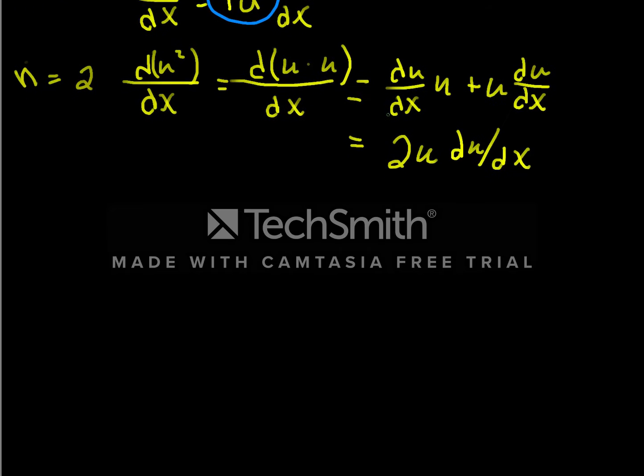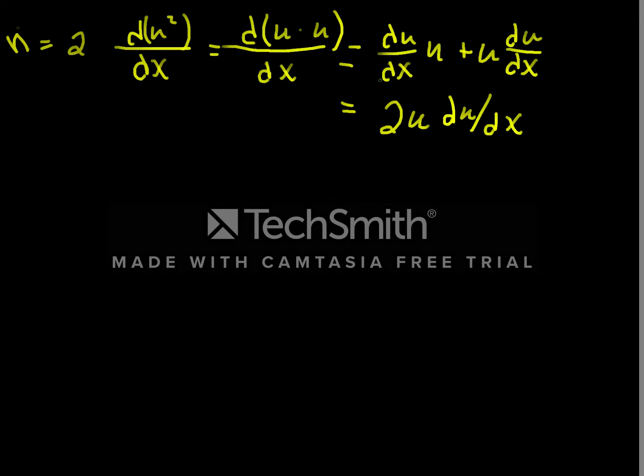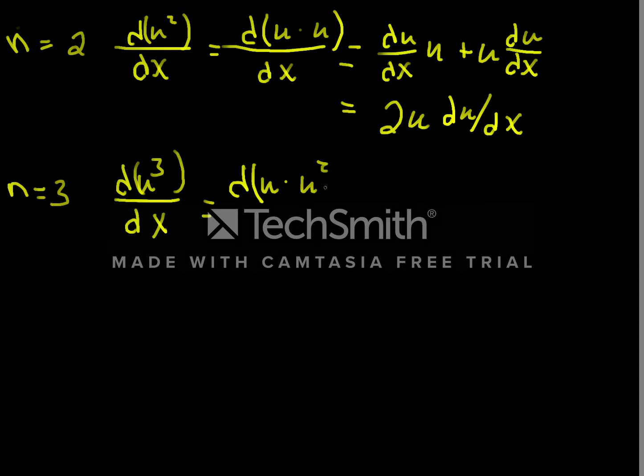So let's do it for a few more cases, and we'll see a pattern here. If n is 3, then d(u cubed) with respect to x. I'll look at this as a product, so this is the derivative of u times u squared, dx.